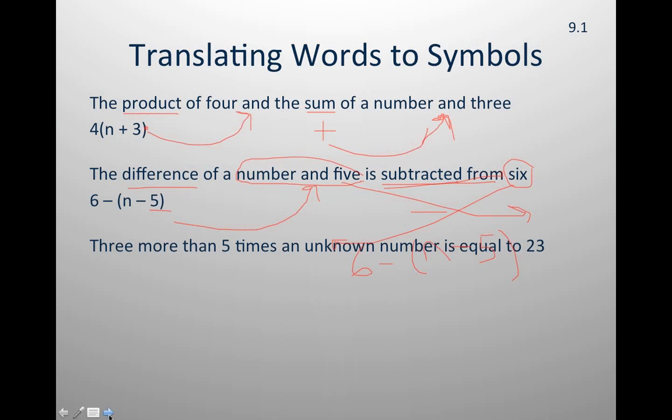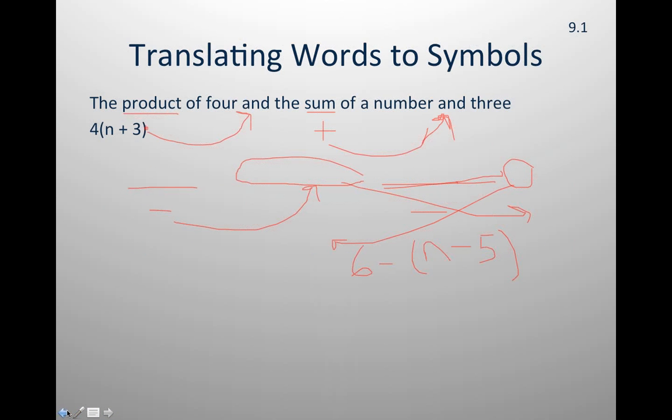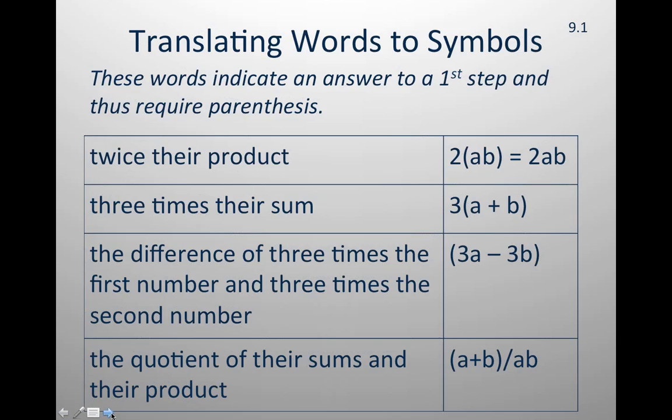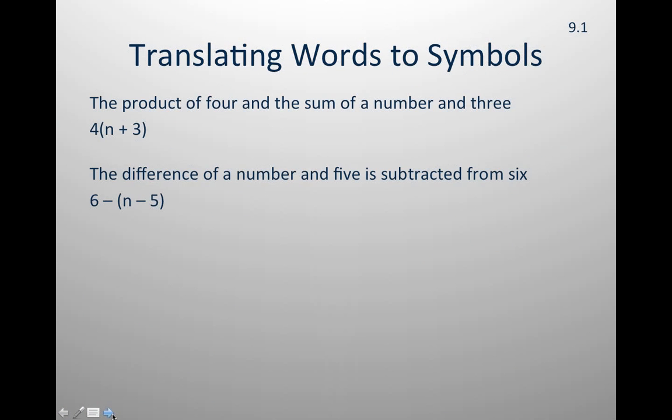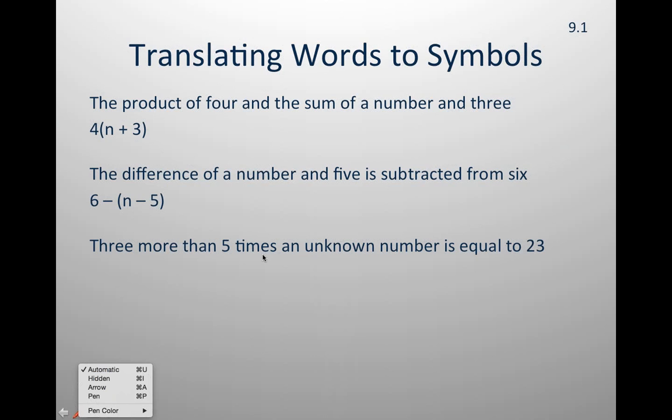Okay, here's another one. 3 more than 5 times an unknown number is equal to 23. Okay, let me clean this up for a second. Okay, so we got 5 times an unknown number right here.